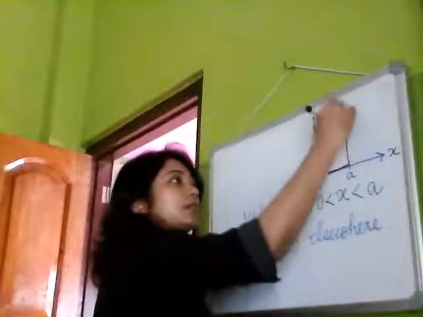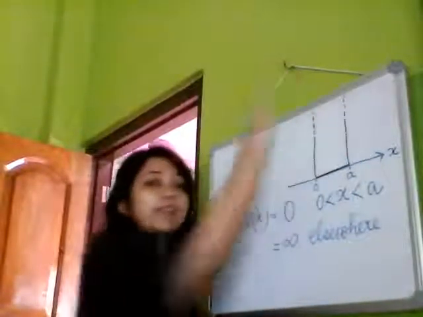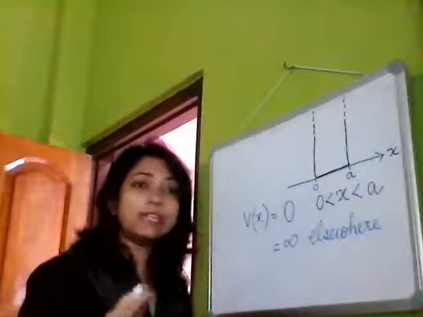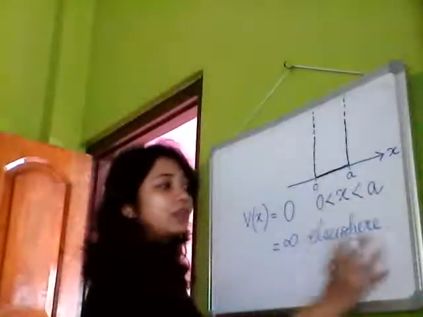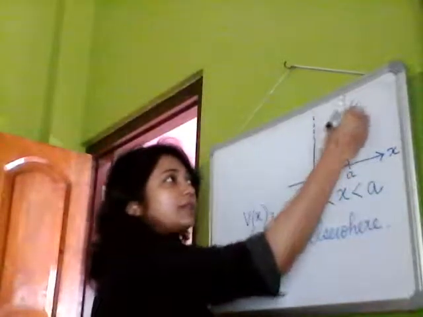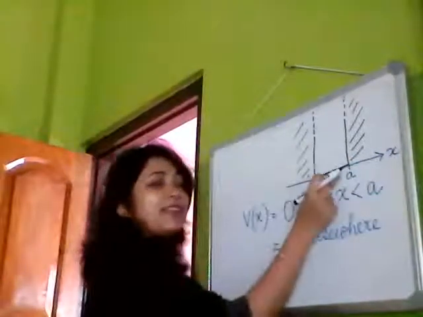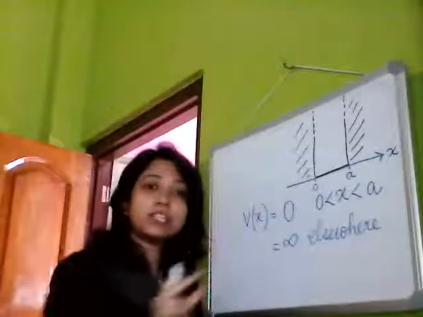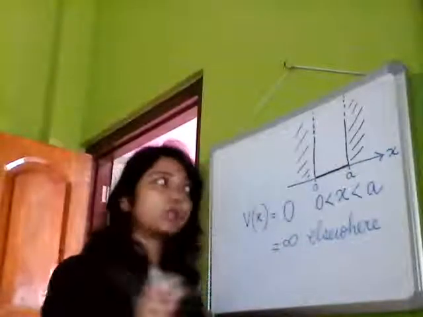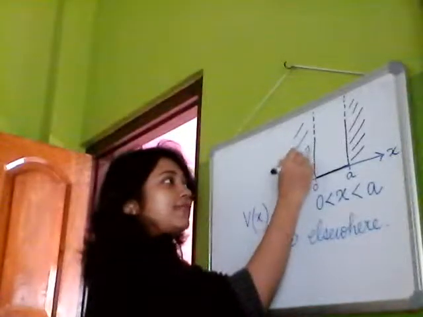Along this value also, it is going to increase till infinite values. And not only that, please remember, anywhere else along the x-axis, this value is infinite. So only within 0 to a, the potential is 0. Elsewhere, potential is infinite.